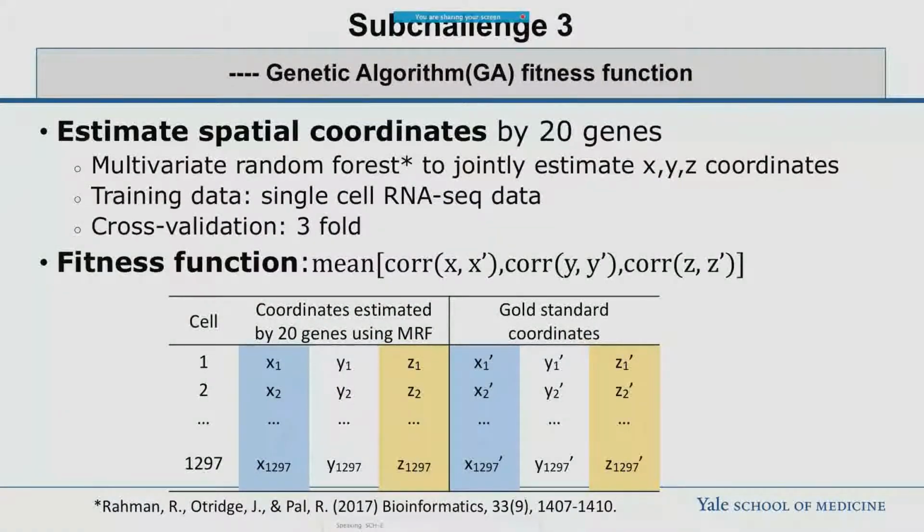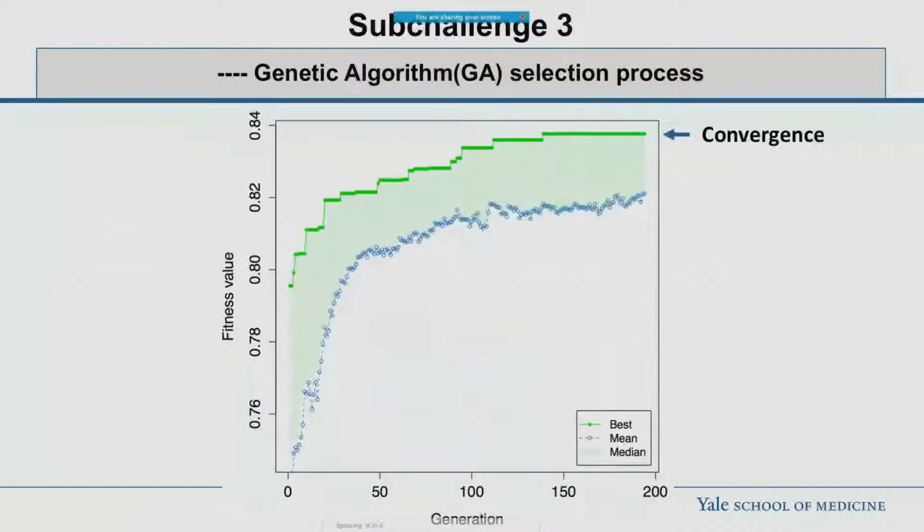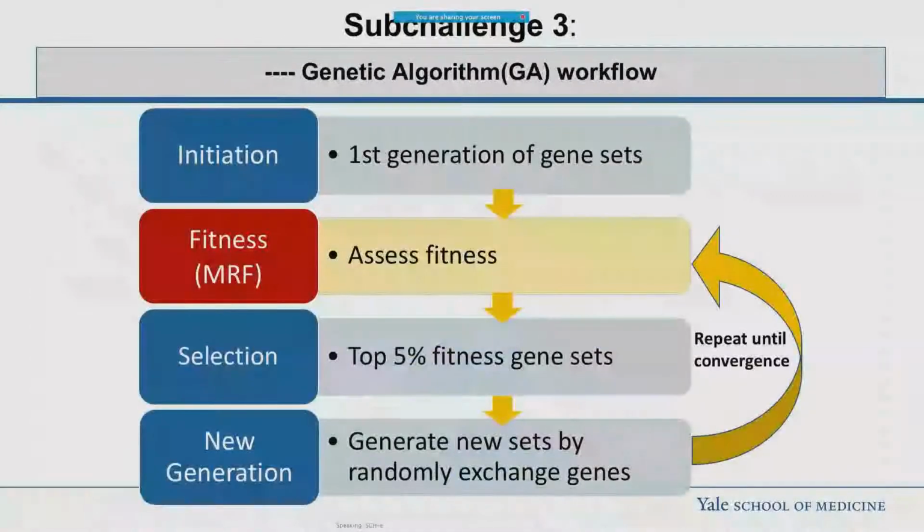For the genetic algorithm, first we randomly generate a population of gene sets. It's kind of random at first, but there are some top-performing fitness gene sets that we can find in this first generation. We want to retain those genes, so we select the top 5% of the gene sets for each generation.